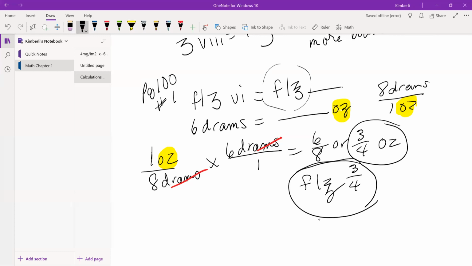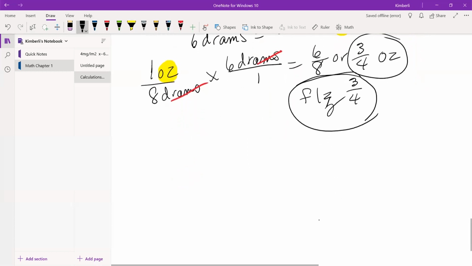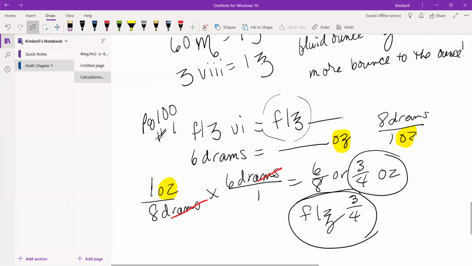Now keep in mind, you have to learn this for your national exams, but we don't use apothecary symbols in the pharmacy except for a few things like grains. Okay, so we will use grains in the pharmacy, and the reason we use grains is because some drugs have been around for a very long time, more than 200 years in some cases, and so they were originally created using the system of grains, and so they keep using grains when they produce these drugs.